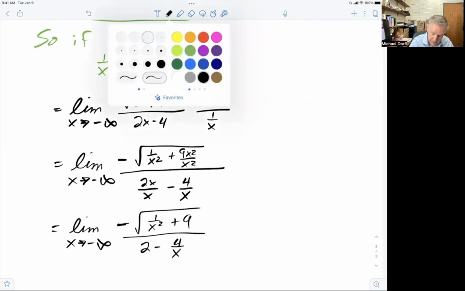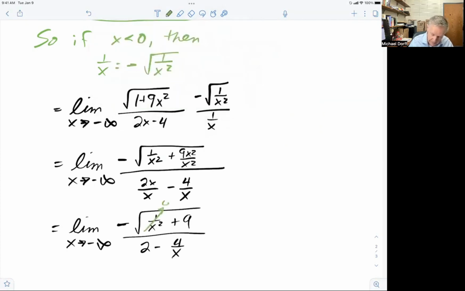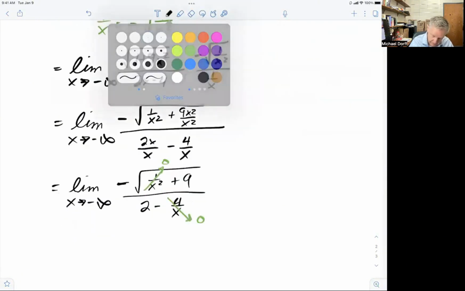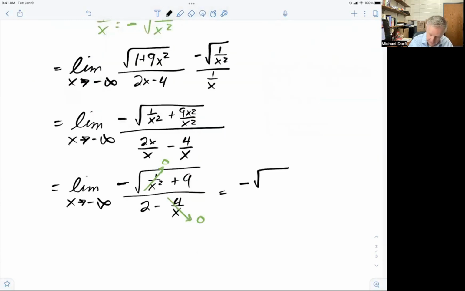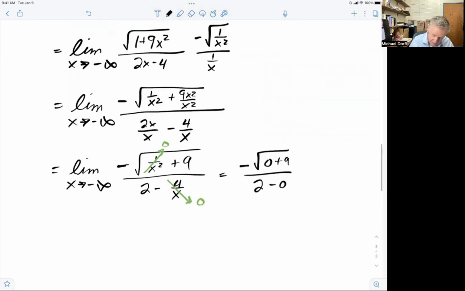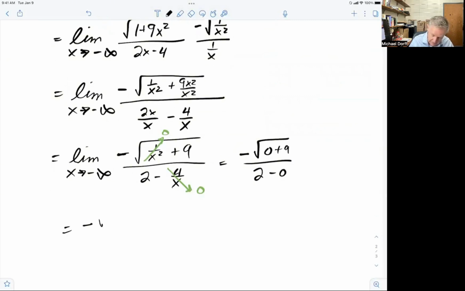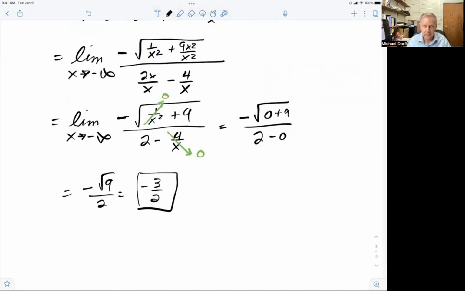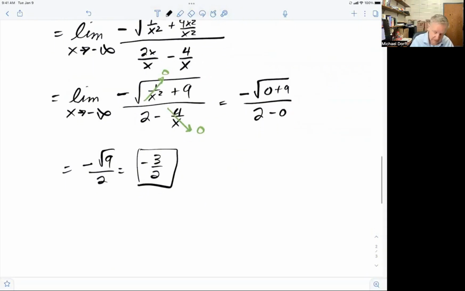And using that result, number 1 from last time, the 1 over x squared in the numerator goes to 0, the 4 over x in the denominator goes to 0, and so we end up with the negative square root of 0 plus 9 over 2 minus 0, which is negative square root of 9 over 2, which is negative 3/2. Notice we get a different answer when x goes to negative infinity than when x goes to positive infinity.